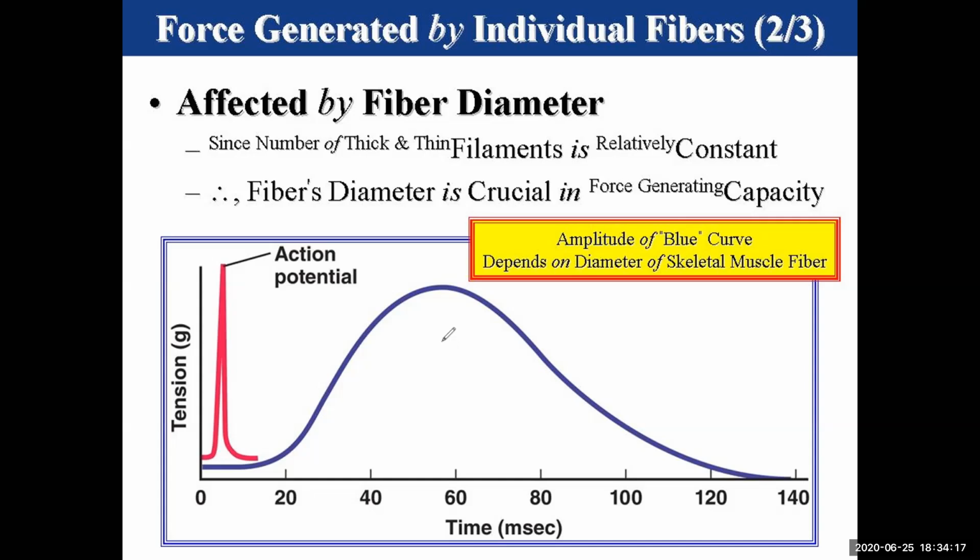Again, one more time, the bigger the cell, meaning the width of the cylinder, because the skeletal muscle cell is like a cylinder, right? The larger the diameter, the stronger the tension being produced. That's the second factor, the diameter of the skeletal muscle fiber.